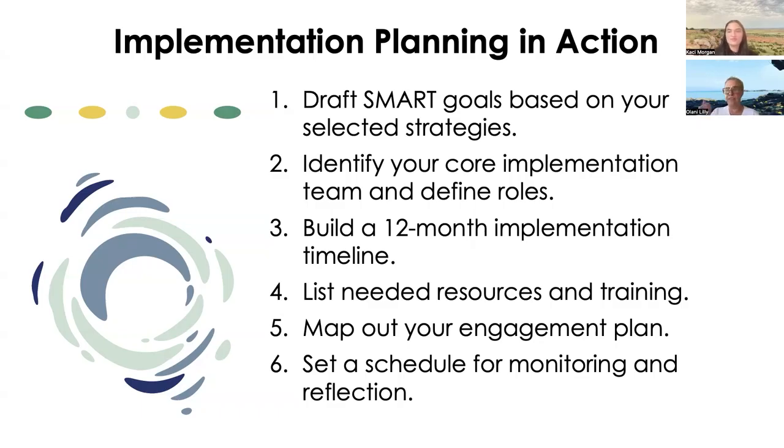So again, you want to look at drafting those SMART goals based on your selected strategies, identifying your core implementation team and their roles, building out a 12-month implementation timeline, which will include your milestones, developing a list of needed resources and training, which can then be converted into an actual program budget, and mapping out your engagement plan, looking at the different levels of engagement based on that continuum that you are able to achieve, and how engaged you want your families and communities to be.